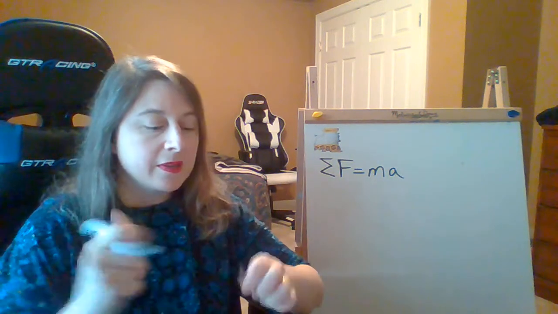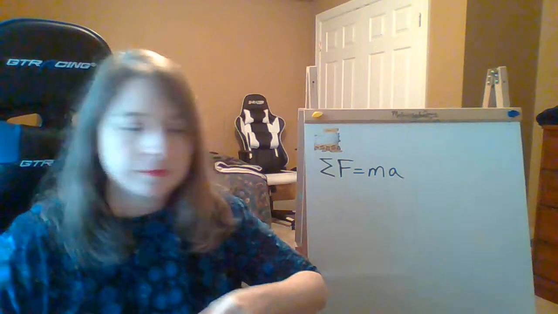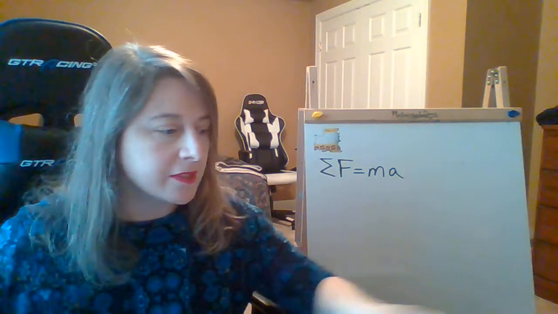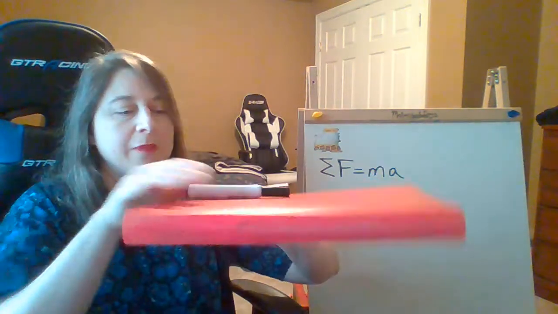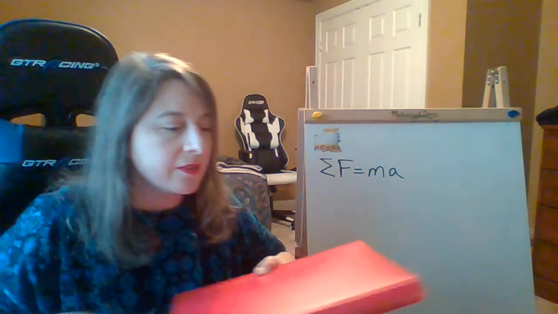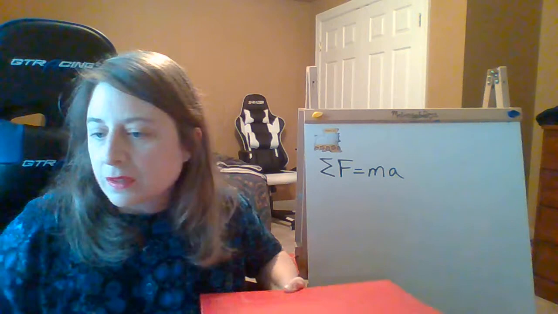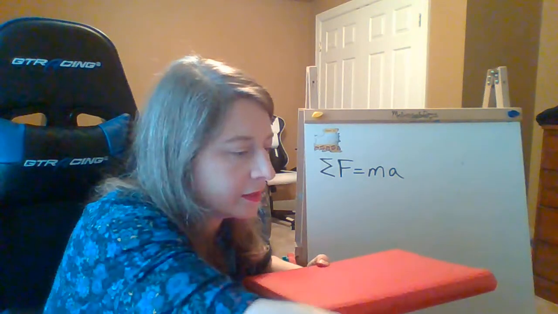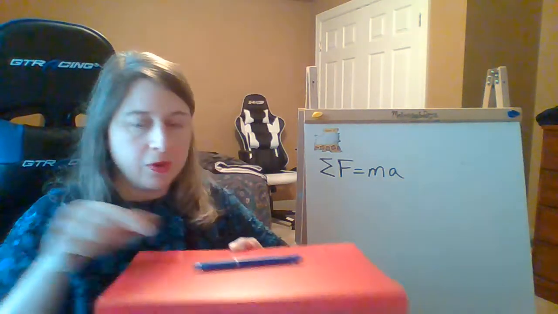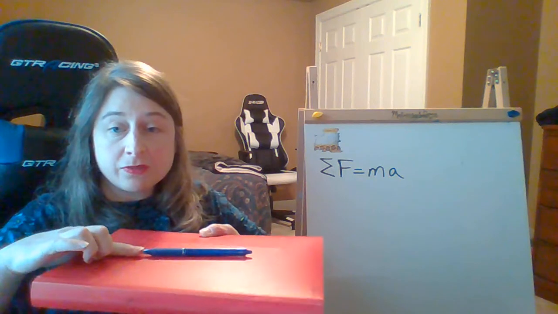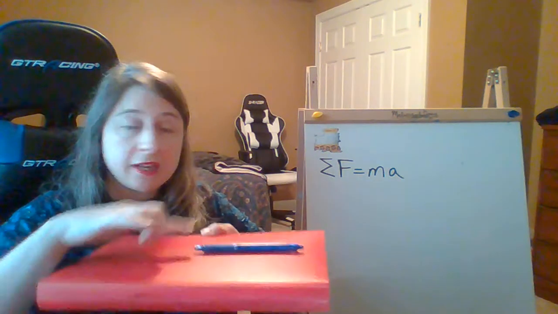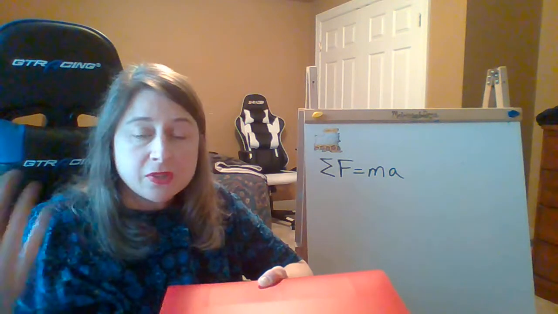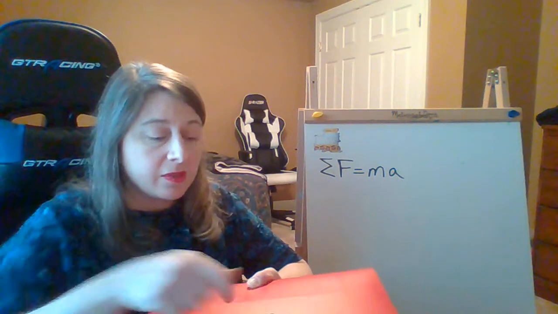So if I'm pushing my pen along a surface, what forces are acting? I have to add up all the forces acting on the pen so that I can find its mass times its acceleration, right?